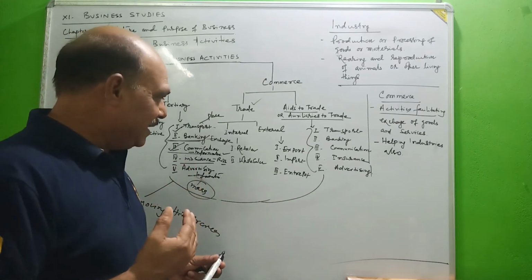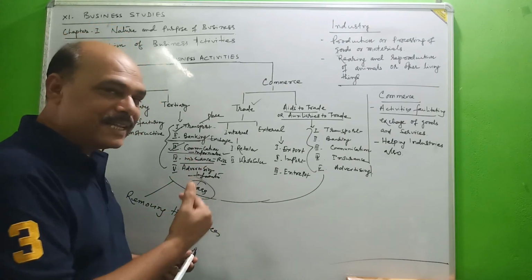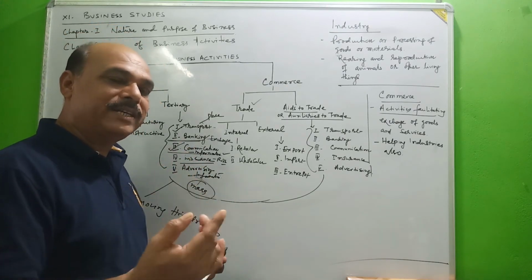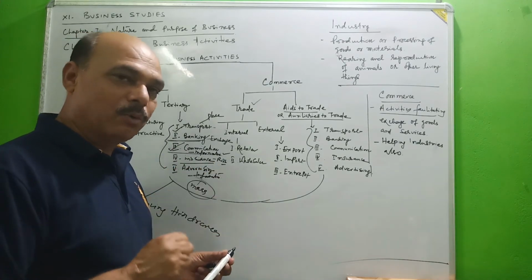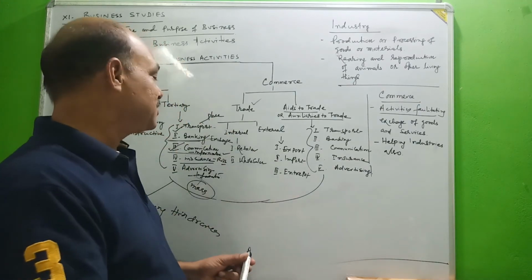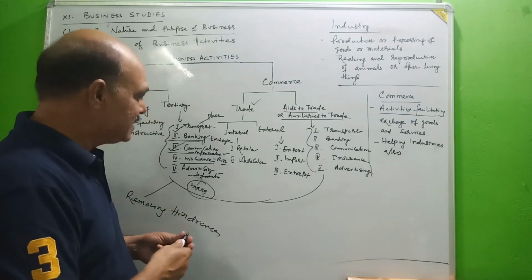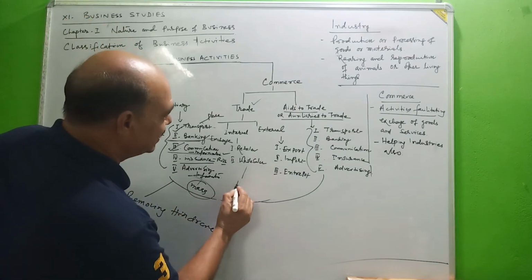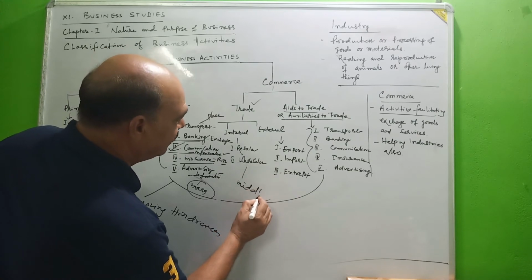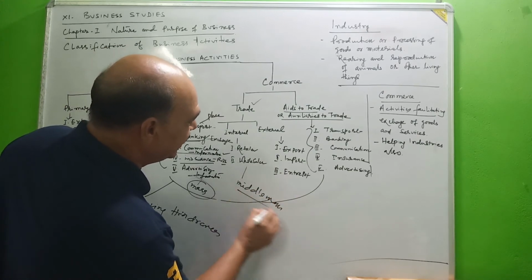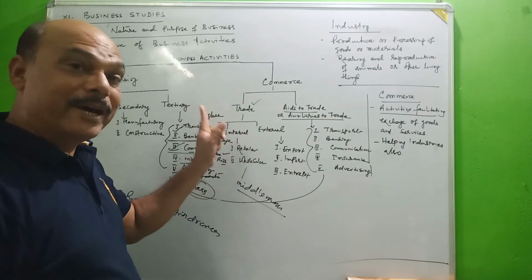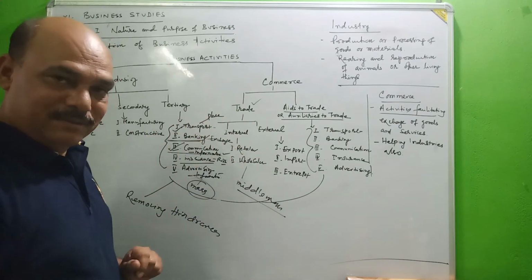Wholesalers are purchasing goods in bulk quantity from the manufacturers and selling to the retailers. So wholesaler is the middleman, the intermediary between the manufacturer and the retailers.